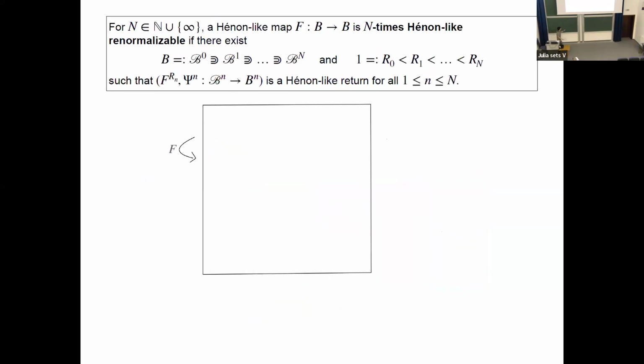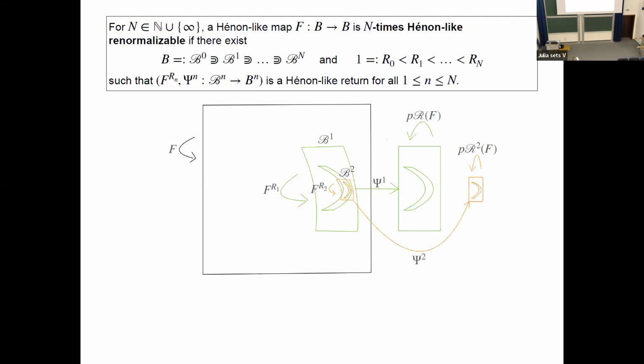Okay, if not, then our theorems are about if you take a Hénon-like map and you renormalize it many times, what is the asymptotic behavior of renormalization? So what happens when you take a Hénon-like map and you zoom in on the small scale dynamics? So we need a setup, right? So we assume we have a Hénon-like map, which is many times renormalizable. So we're going to have a nested sequence of periodic domains, which I call B1, B2, and so on.